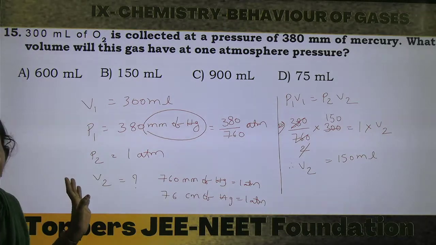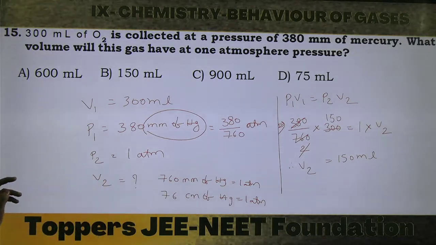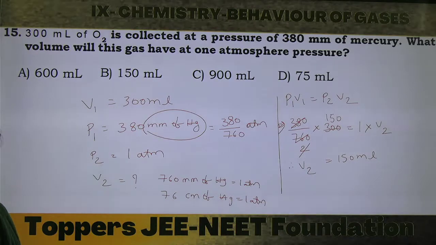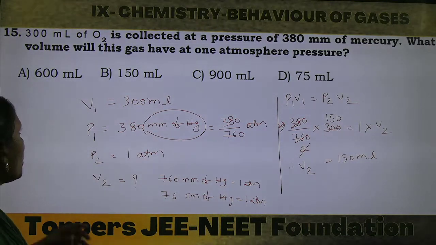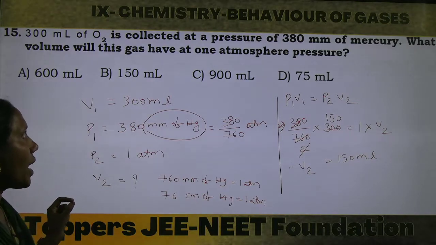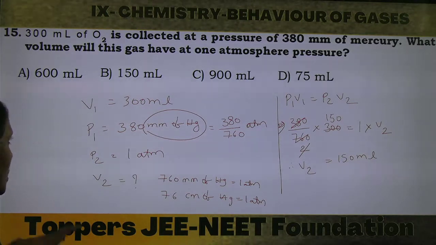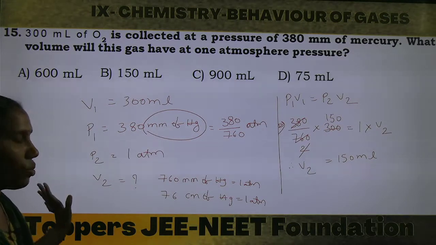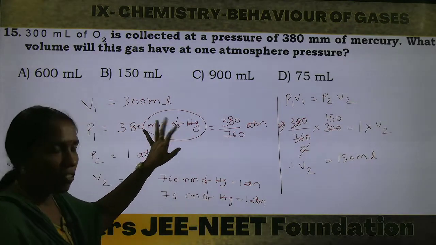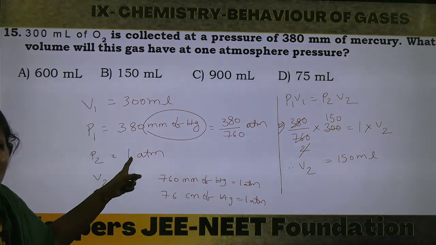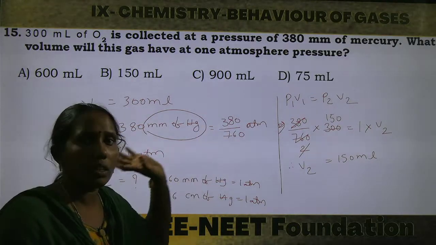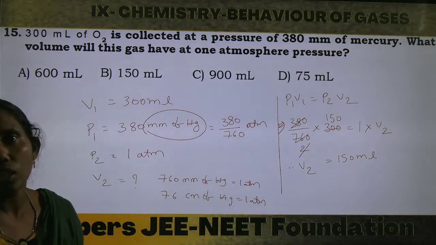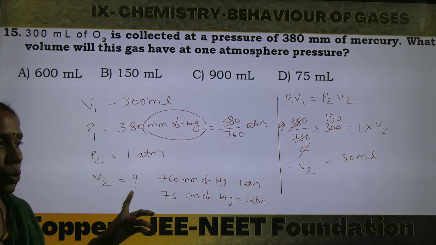One more time, see the problem. 300 ml of O2 is collected at a pressure of 380 mm of mercury. What volume will this gas have at 1 atmosphere pressure? We took the volume, P1, P2, V2, converted mm of Hg into atmospheres, and then applied the data into the formula P1 V1 equal to P2 V2.